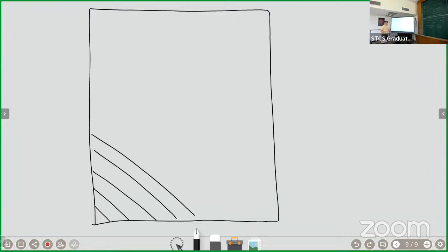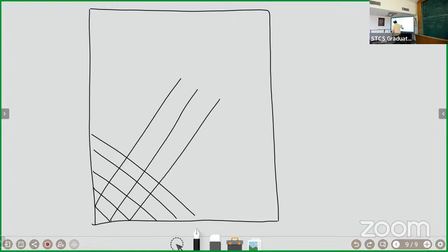Okay. This is how I'm going to do it. So each of these sides is fixed. They might not look square here.